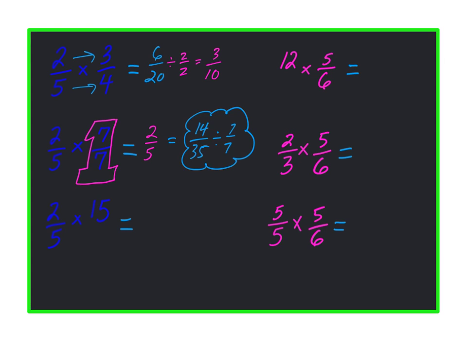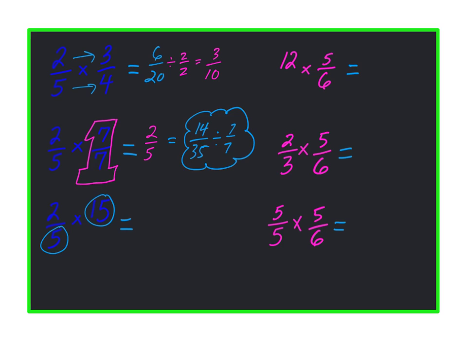And our last question here on this side is 2/5 times 15. Now this is a fraction that I described as a friendly fraction in the past, where this denominator and this whole number are friendly. They're in the same fact family. So with 15, I can actually do this one a little differently than the others.